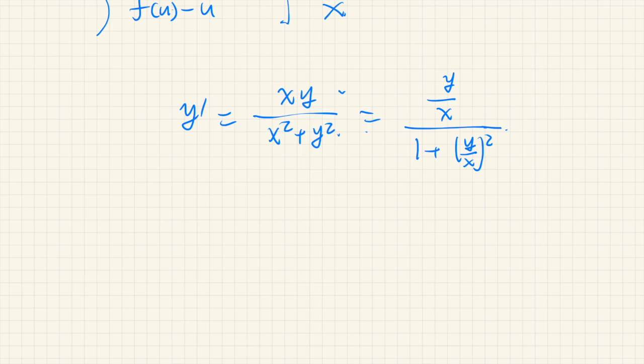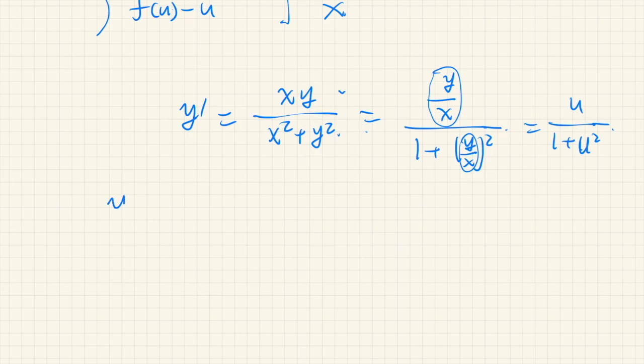So if we replace y over x by u, then we have u over 1 plus u squared here. So it's a homogeneous differential equation. Therefore, it is actually a separable differential equation.